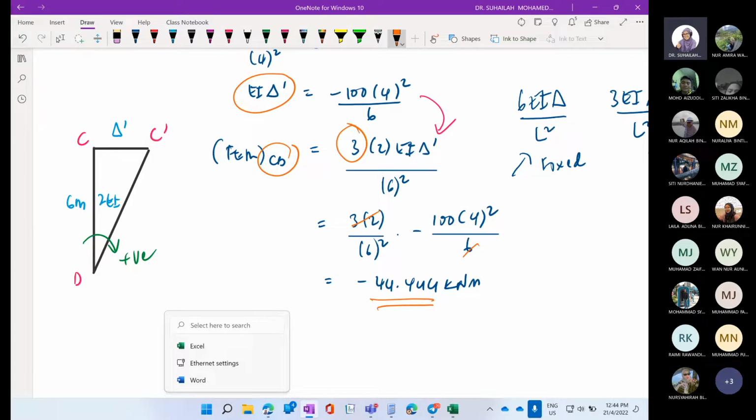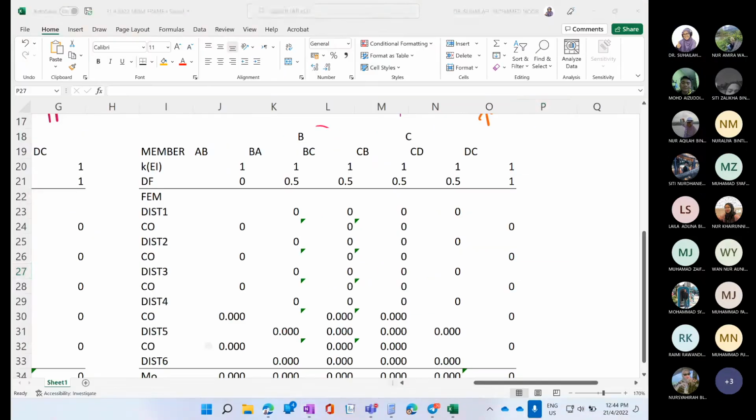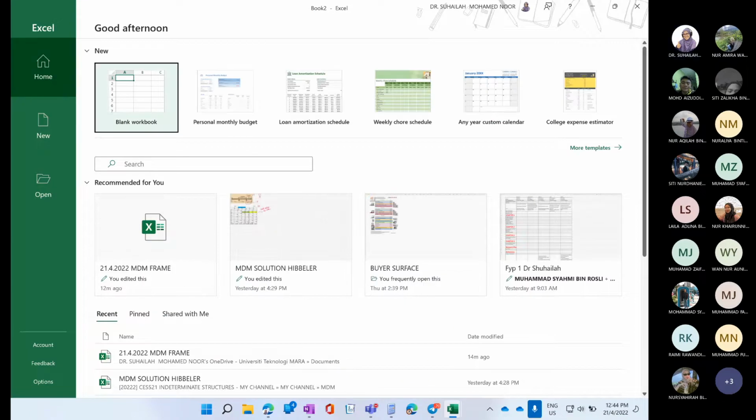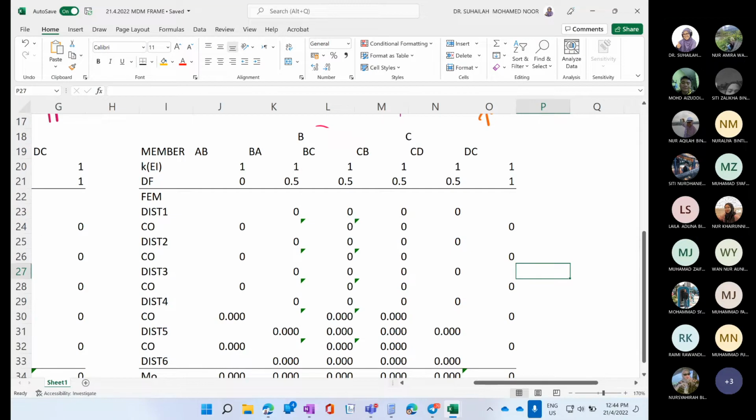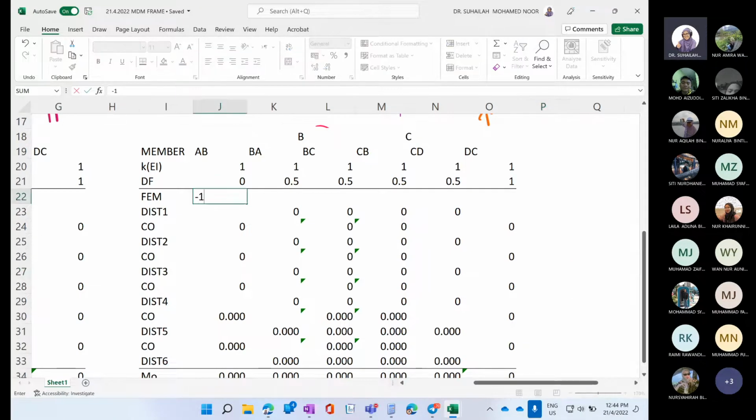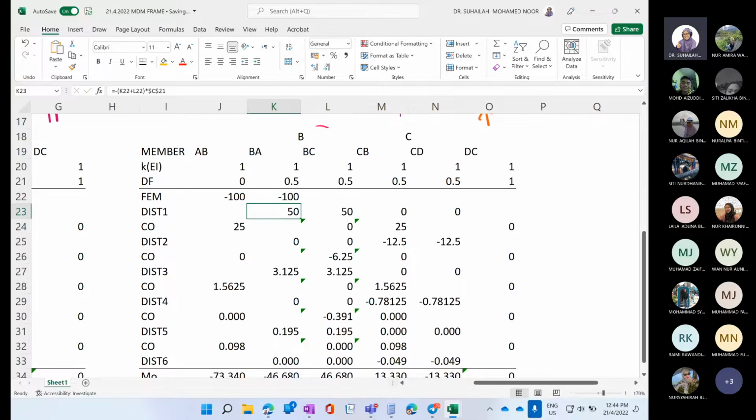Move to this Excel. So we have negative 100 for AB and negative 100 for BA.